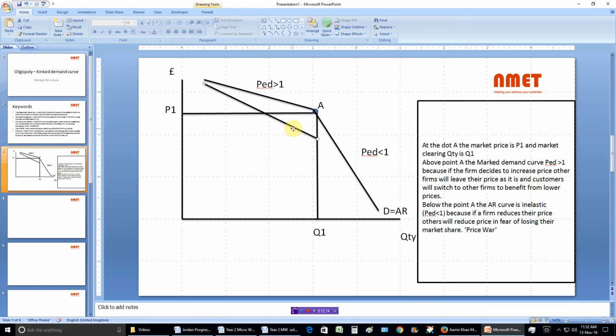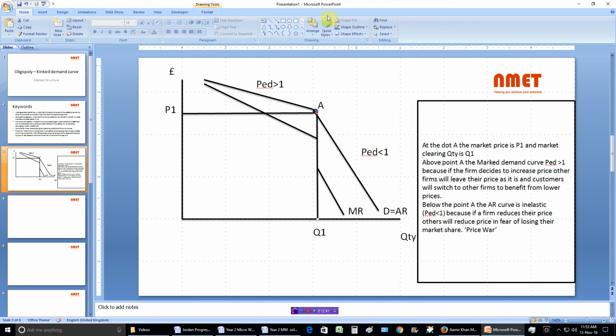The first one we draw from the one above the dot, and the second one we draw based on the second segment, the inelastic demand curve. That's our marginal revenue curve.